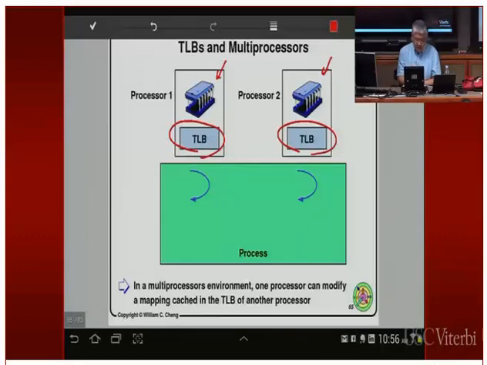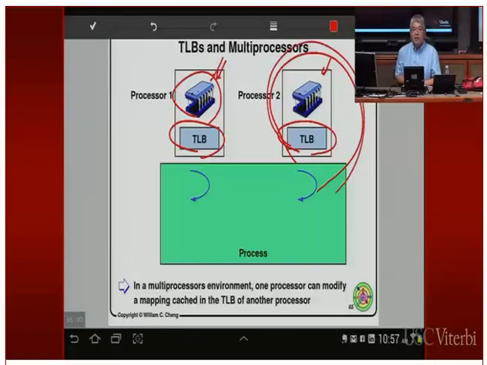Because if the code running over here is in the operating system kernel, and you are changing the translation look-aside buffer for a user process, then it is possible that the entry you are modifying is used in another processor. Both of them can be running in the kernel, modifying a page table and so on. Then one thread's execution might affect another thread's translation look-aside buffer.